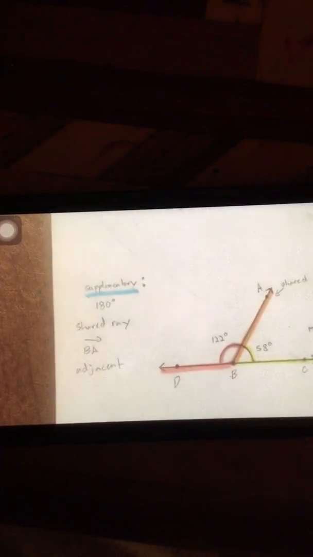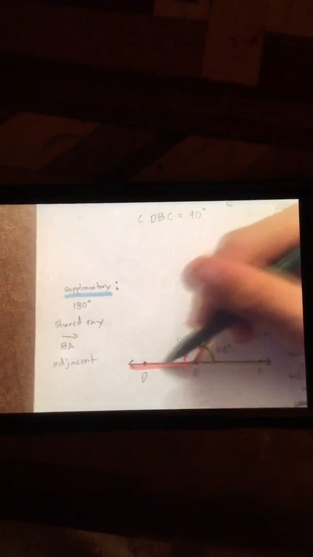And because measured angle ABC and measured angle DBA are both supplementary and adjacent, when we look at DBC, the overall thing, we can ignore this right here for what I'm about to say. So when we look at the broadest angle, which is DBC, the angle of that is the sum of angle ABC and DBA.